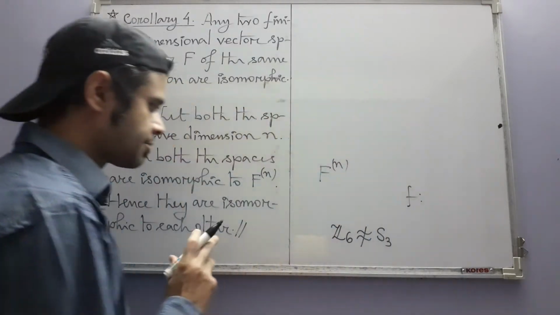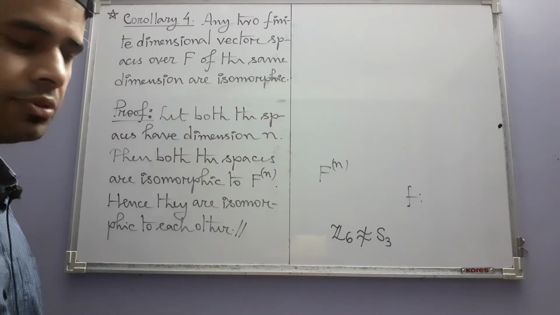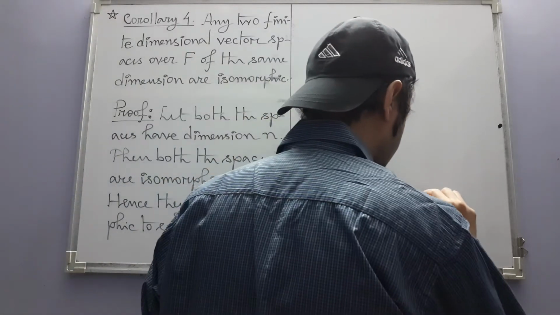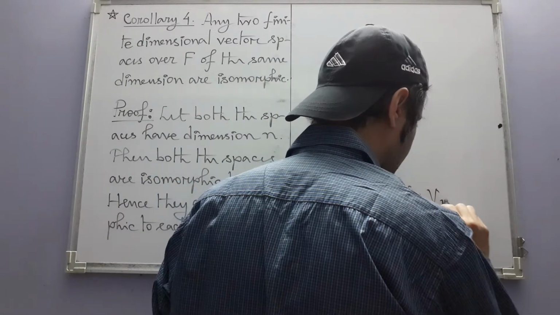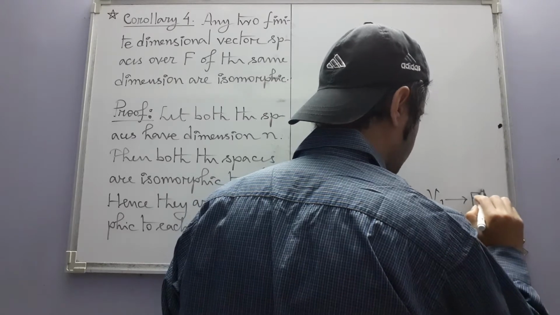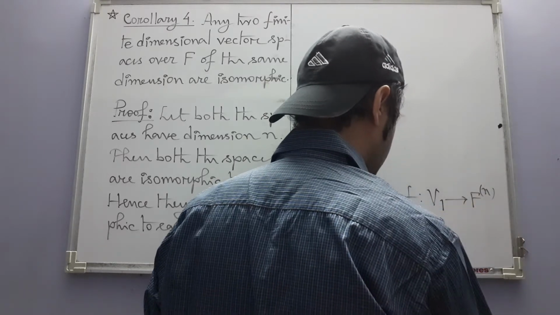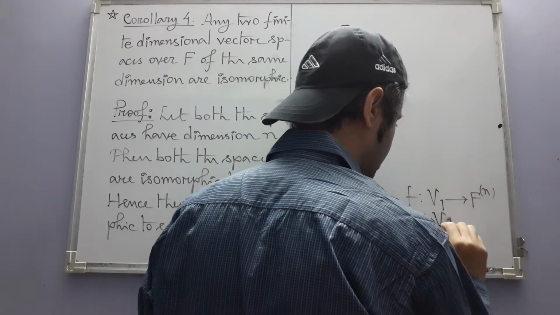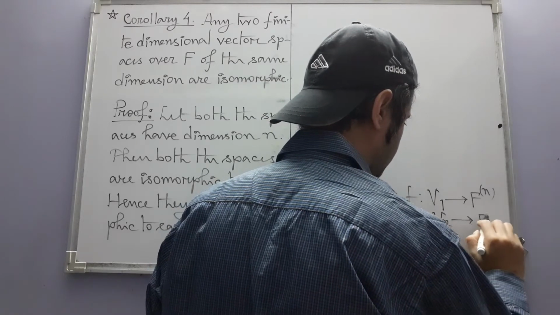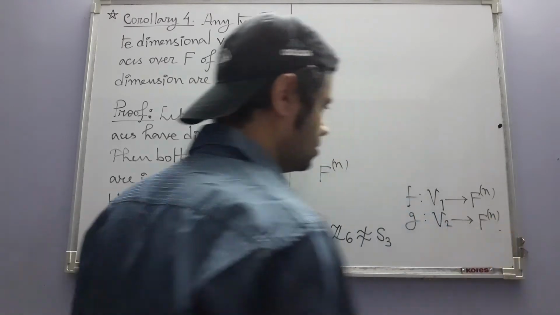Say your spaces are V1 and V2. Then there is an isomorphism between V1 and Fn, and there is an isomorphism between V2 and Fn, F and G, say.